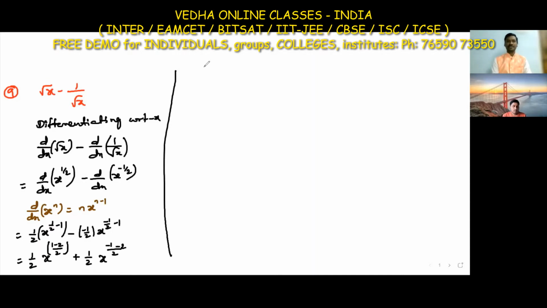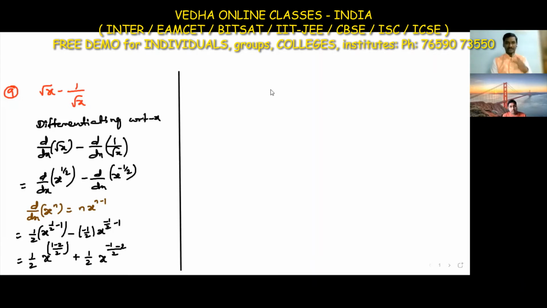So this is equal to 1 by 2, write the 1 by 2 as it is, and x to the power minus 1 by 2, 1 minus 2 means minus 1 by 2, plus 1 by 2 into x to the power minus 3 by 2.